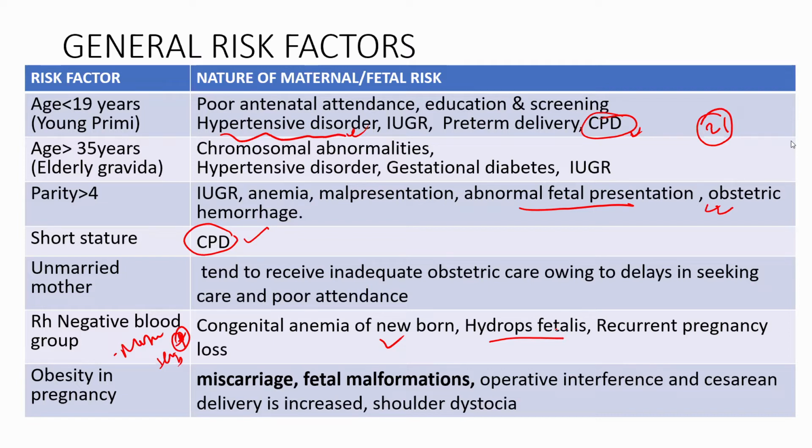Another is obesity in pregnancy. So BMI, if more than 30, there is a high tendency of miscarriage, and fetal abnormality as well.